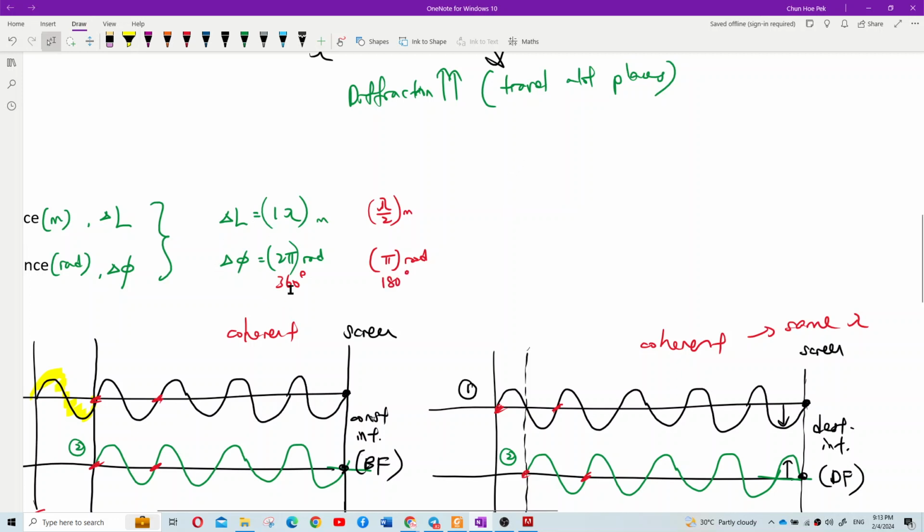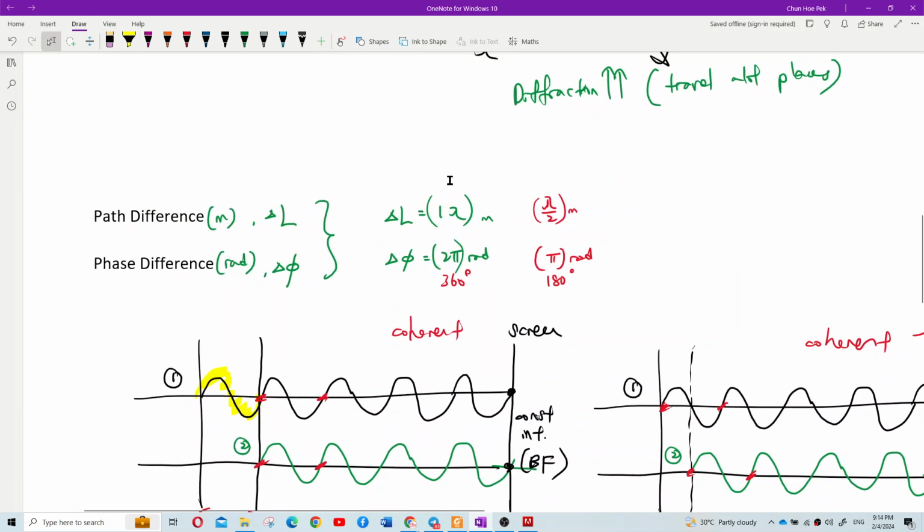So 1 lambda is 360 degrees, half lambda is 180 degrees. You can call it path difference or phase difference. They are actually the same thing. It's just that path difference refers to length, and phase difference refers to angle.